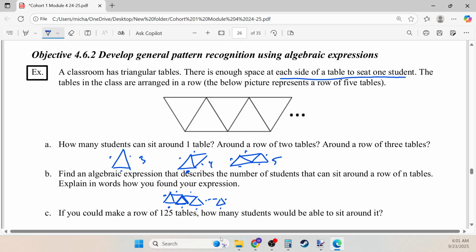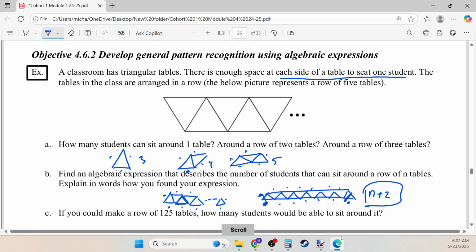So notice how each of the middle tables only gets to have one student at it, and then the tables at the ends get to have additional students. So n is the number of tables. We get 1 per table, and then we get an additional 1 at each end. So it should be n plus 2.